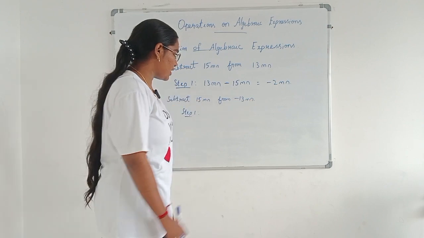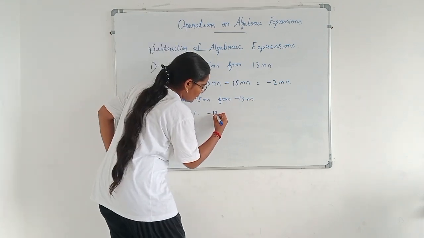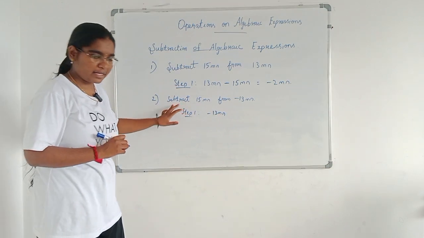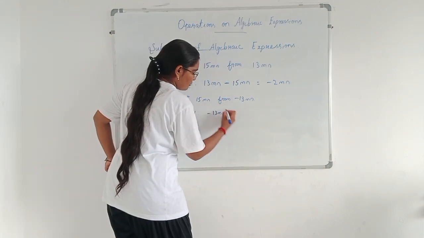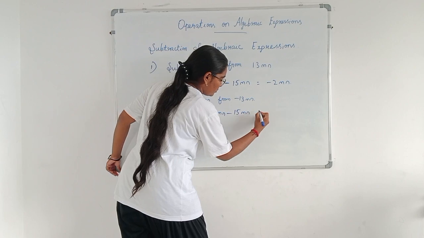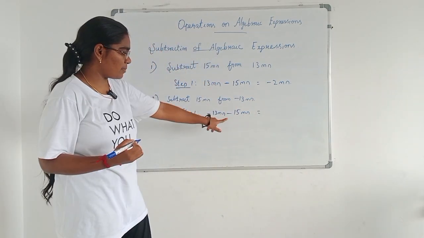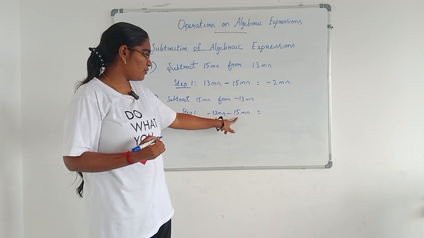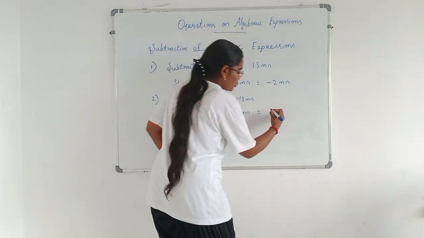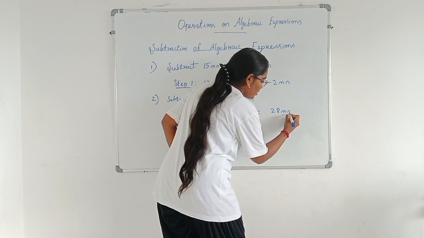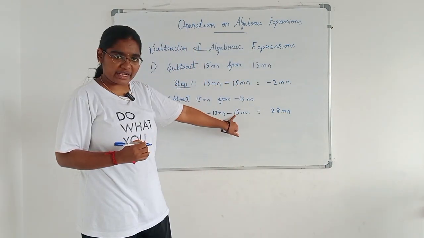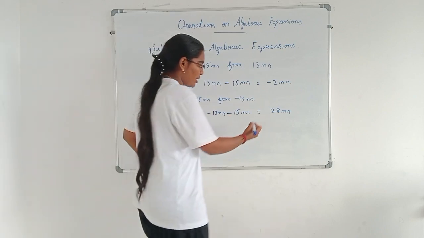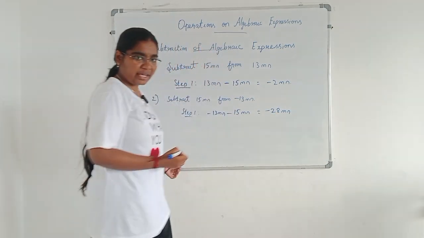So here, first write this minus 13mn. Here, the sign is minus, so minus 15mn. So we know minus minus, so here you have to add. If you add these two, you will get 28mn, and the greater number is 15. The sign of 15 is minus, so here you will put minus.